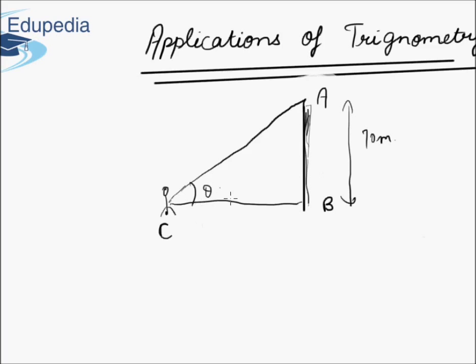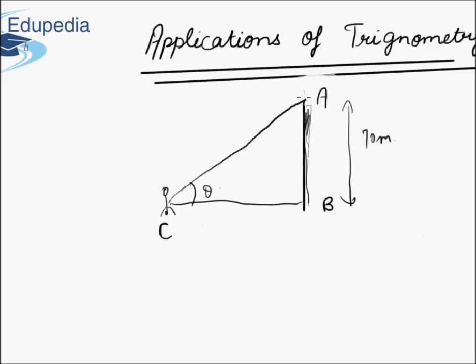Now we are interested in finding out the distance between this viewer and the base of the wall. So we can find so by the help of trigonometry.